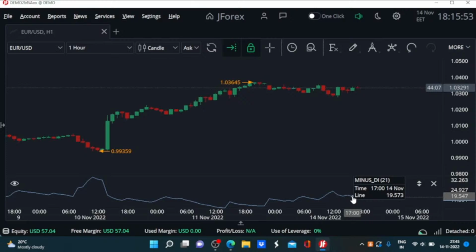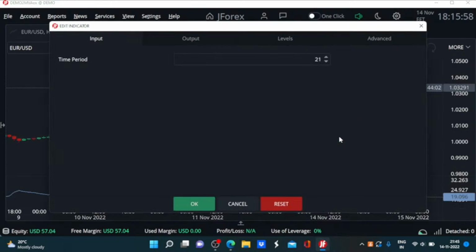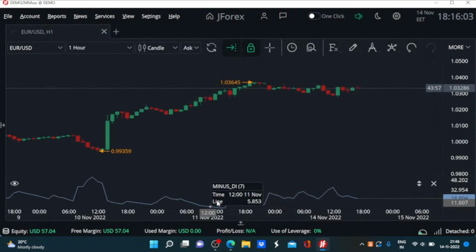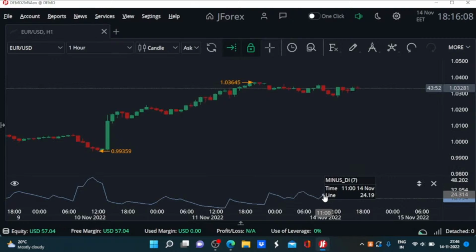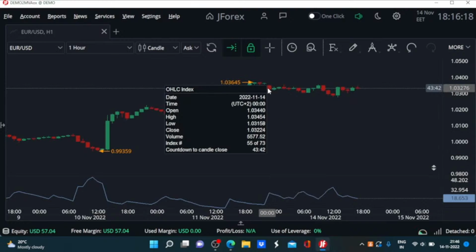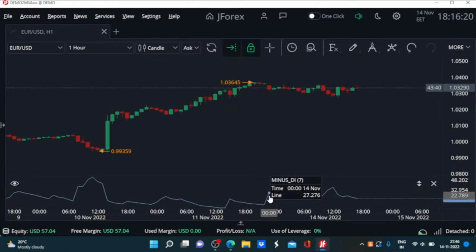So that is one way also to take advantage of this indicator and the inference or the information given out by this indicator's output. Now, if you want to use it for the further lower time frame, you can do that as well, but in that case the fluctuations are going to be rather sharp. Its values will keep fluctuating depending on the recent price formation. So as this stabilization happened and as we saw this slight jump on the lower side, it resulted in these minus directional indicators reaching the trigger point of 25, and then again it went into consolidation phase.